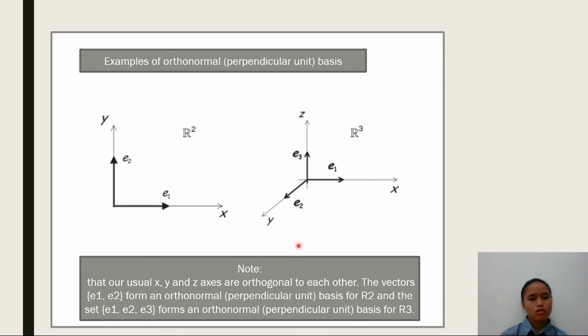This application, note that our usual x, y, and z axes are orthogonal to each other. So perpendicular unit, orthonormal, this is for R3 and R2.